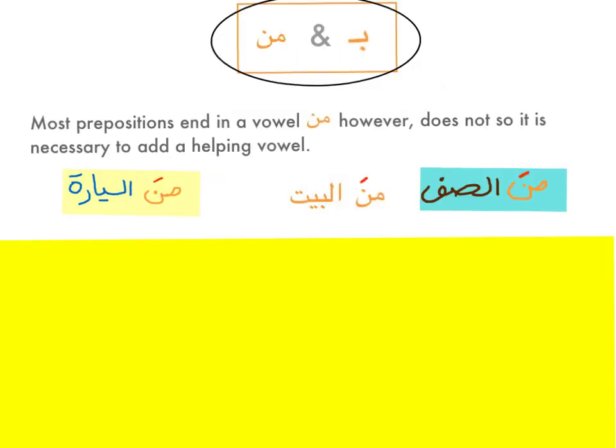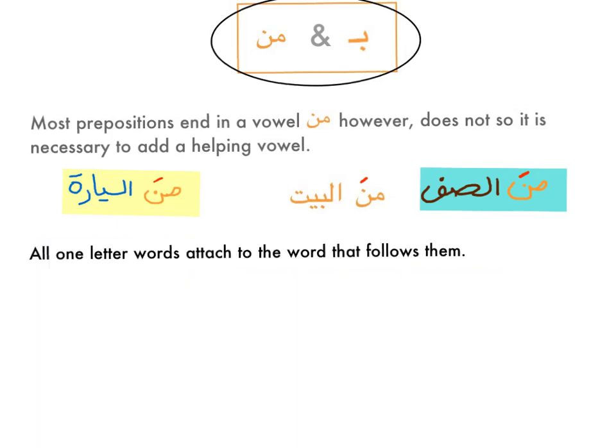Now let's take an example of some words with the one-letter preposition b. One important thing to remember is that all one-letter words attach to the word that follows them. Here we have an example that we saw before.